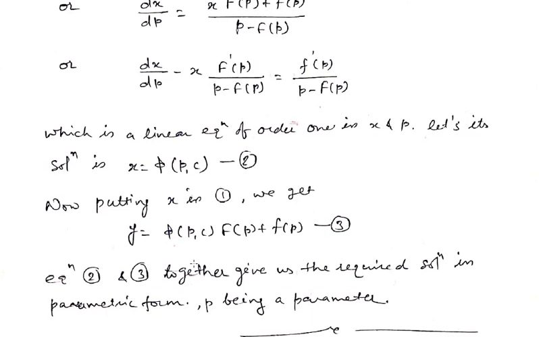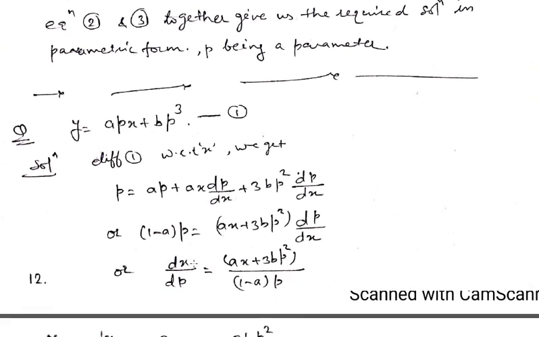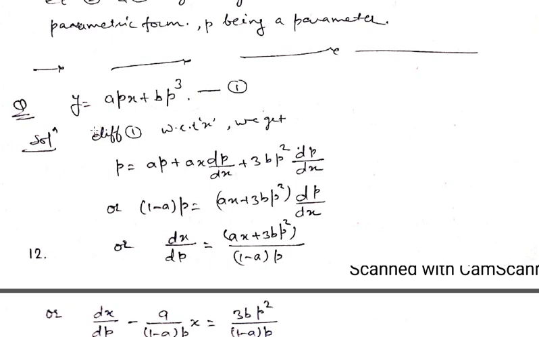So look here, we have a problem: y equals a p x plus b p cube. So first we differentiate it with respect to x. We obtain p equals a p plus a x dp upon dx plus 3b p square dp upon dx. So first we shift a p into the left hand part and take dp upon dx outside from the last two terms, so we get 1 minus a p equals a x plus 3b p square, into dp upon dx.